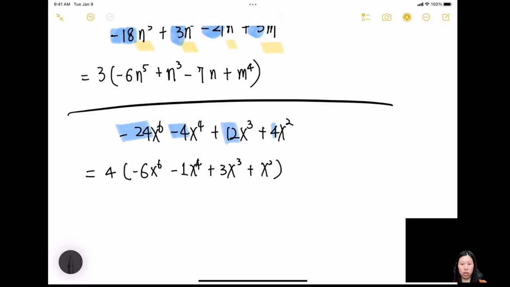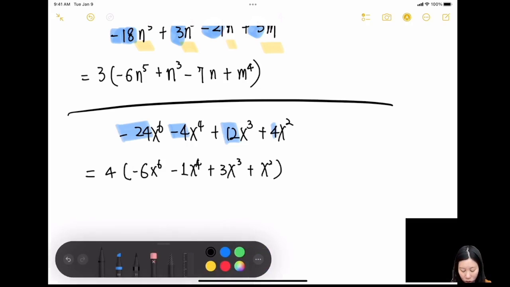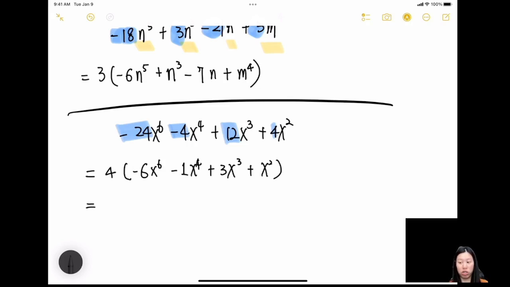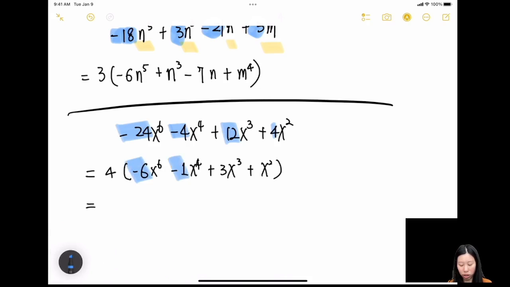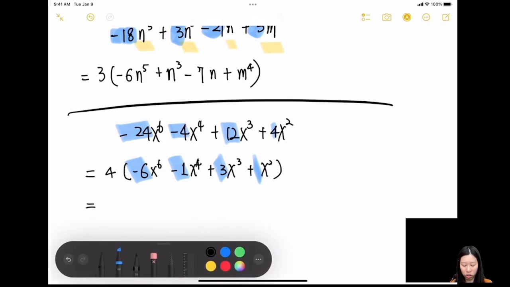Again, 1 times x squared, you can just write it as x squared. Okay, for precaution, double check the coefficients to see if they have any other common factor. Now we have negative 6, negative 1, 3, and 1. So they're relatively prime to each other. So we are done.